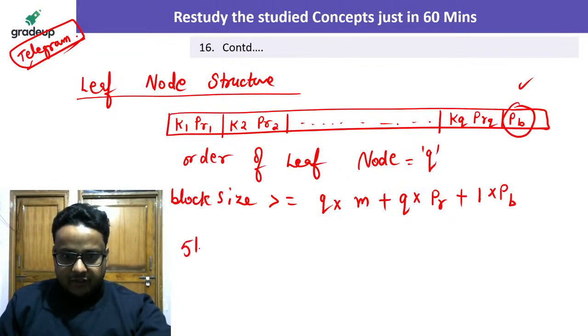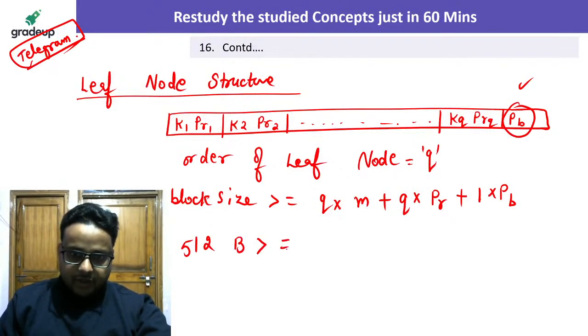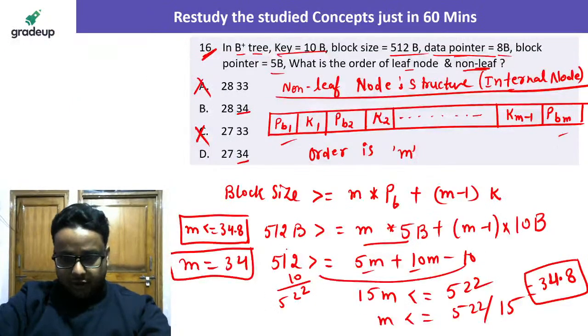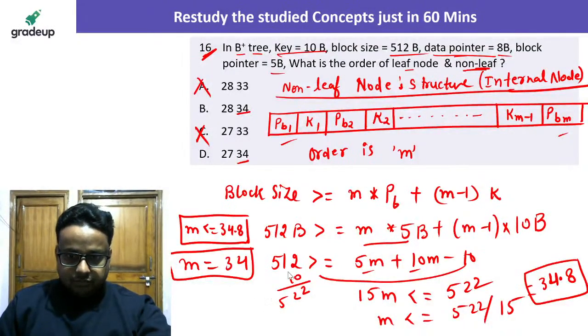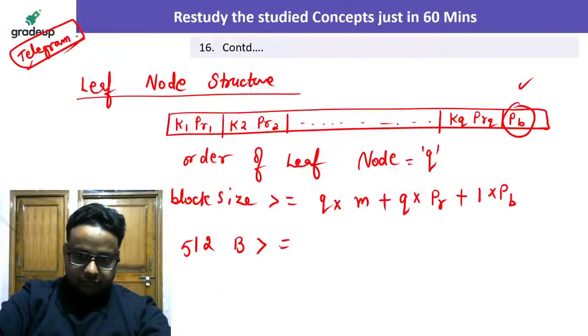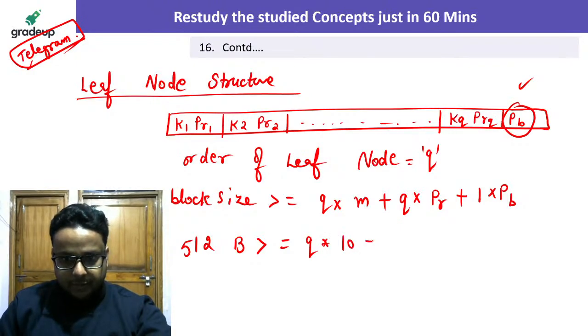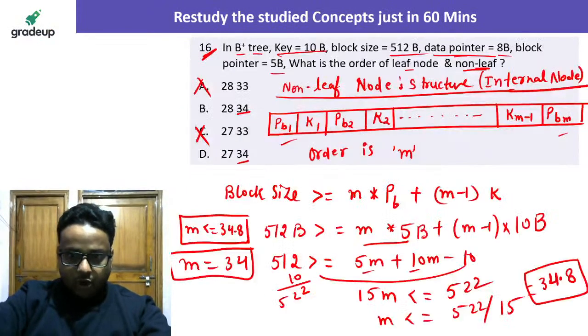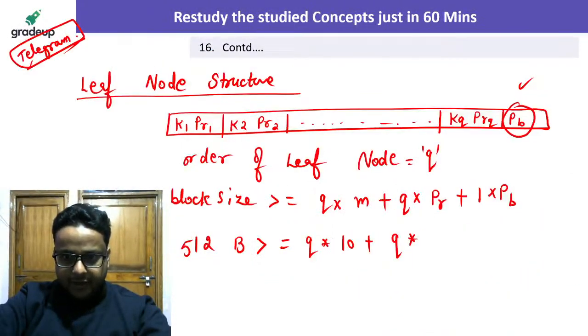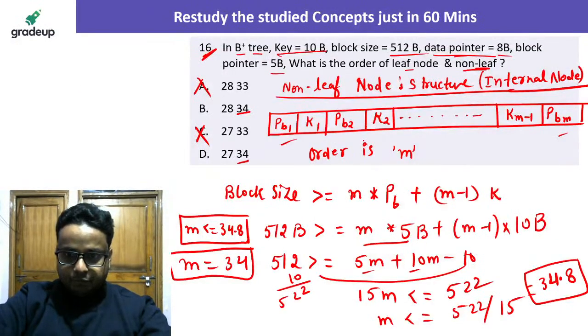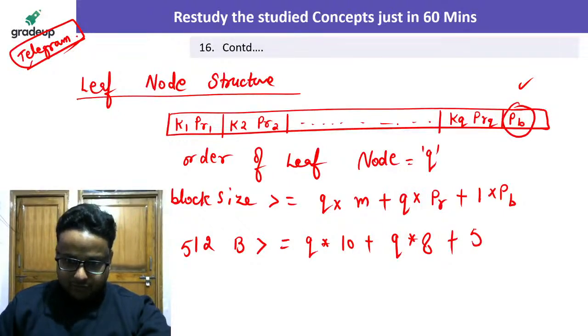Now block size is 512 bytes given to you, and then what is the value of this one? Please take care for this one. It will be q into the 10 plus q into record pointer, data pointer, record pointer 8 bytes, plus block pointer 5 bytes.